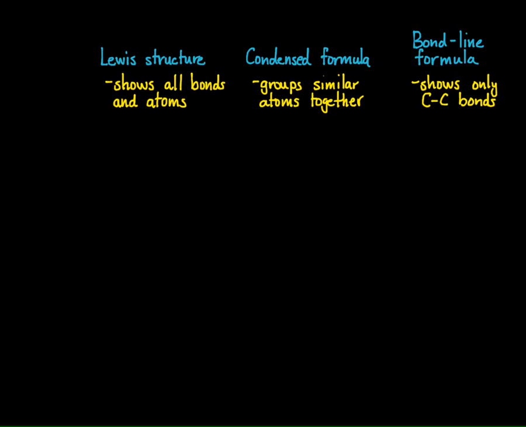So let's take a look at a few examples to kind of get us started. The first example, methane. Methane is the simplest alkane possible. It only has 1 carbon. We know what the empirical formula of methane is from general chemistry, CH4. We also know the Lewis structure has a carbon connected to all 4 of those hydrogens.